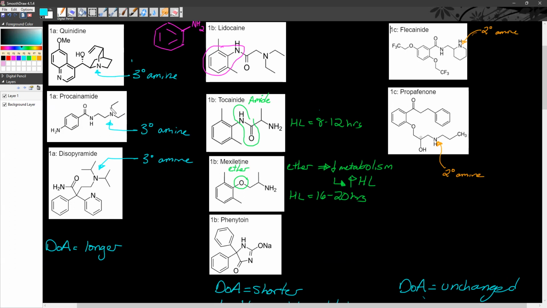If we look at drugs like procainamide, they also have this amide functional group in them. But what's different between the amide that's in procainamide versus tocainide? What's the main difference? Exactly. Because the nitrogen is facing away from the benzene ring, we actually decrease its ability to be metabolized.